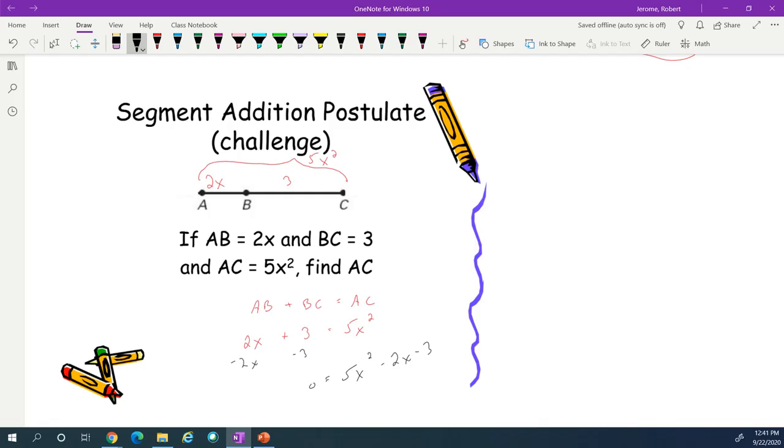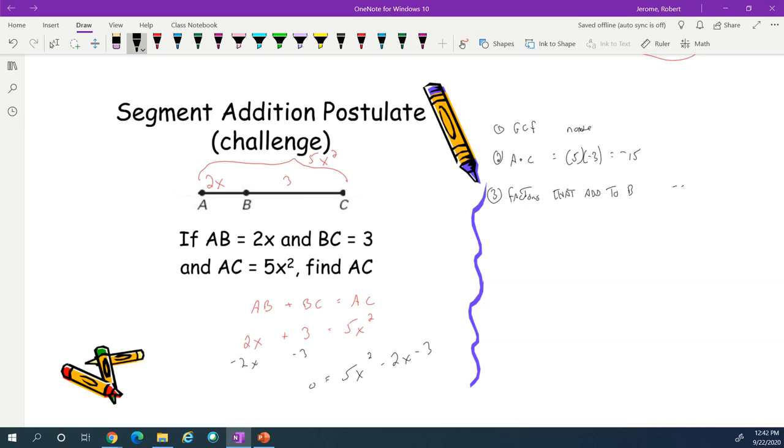So remember from our algebra review, GCF first. Well, there is none. Second, I'm going to do A times C. So that's 5 times negative 3 for negative 15. Third, I need the factors that add to B. So what multiplies to negative 15 and adds to a negative 2?